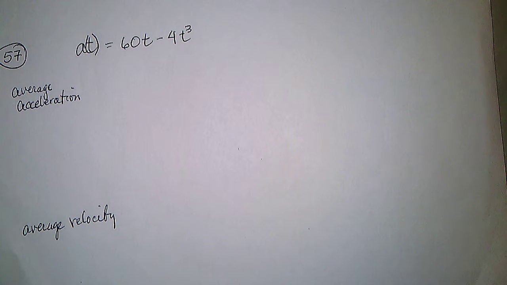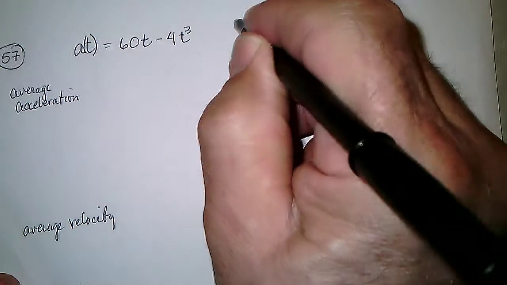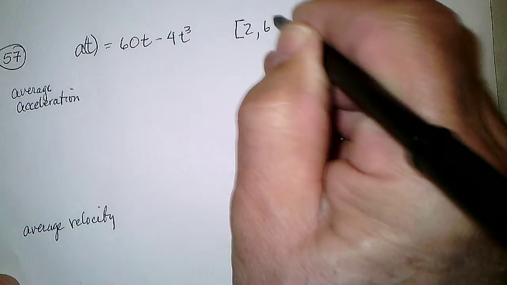I believe, so I've got to look that up, 6.2 number 57 said over the interval 2 to 6. Average acceleration, average speeds from 2 to 6. Okay, from 2 to 6.